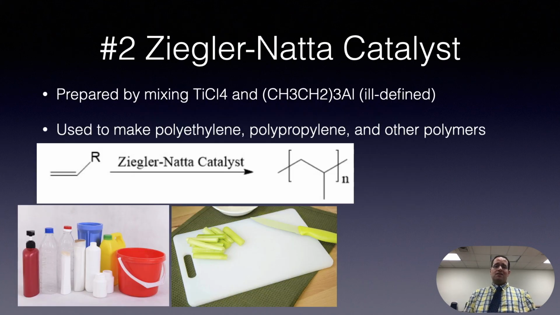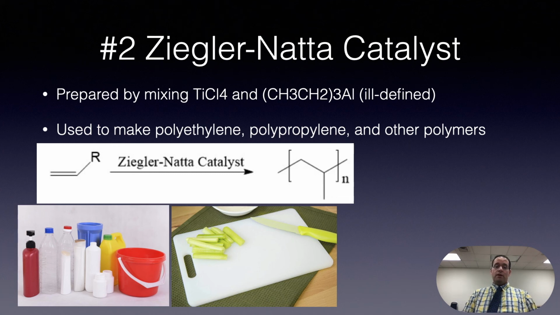Another biggie is Ziegler-Natta catalyst. This is prepared by mixing titanium 4 chloride and triethyl aluminum, and they don't really know what the active form of this catalyst is per se. It's a mixture of different oxidation states and structures and so on, but it's very important because it's used to make polyethylene and polypropylene and other polymers, okay?